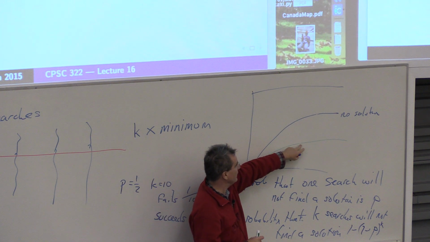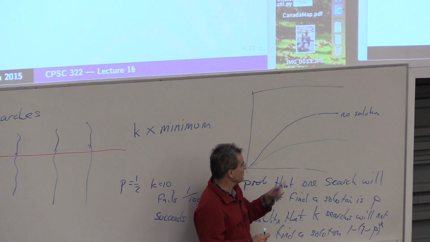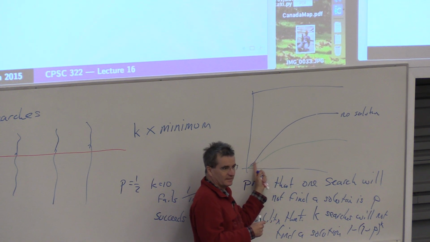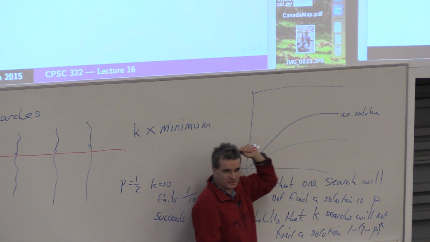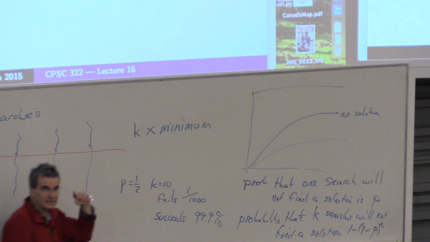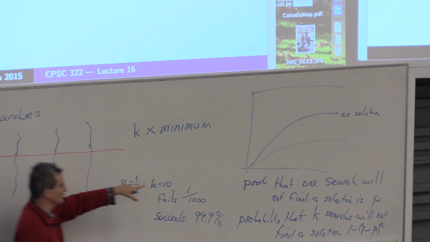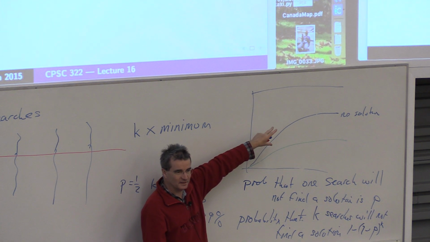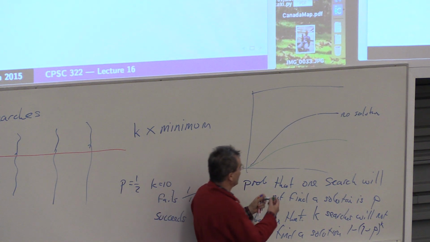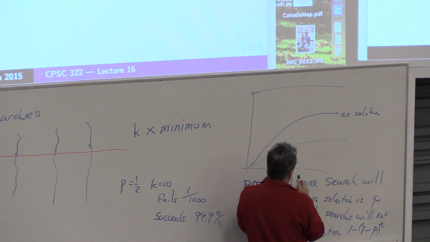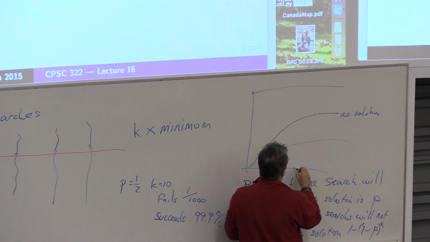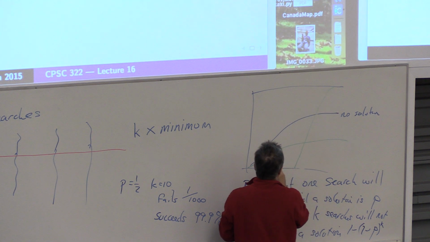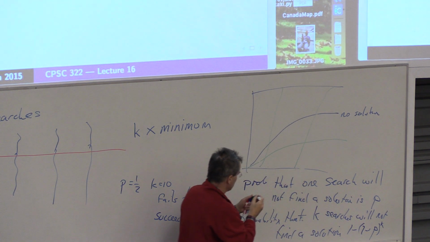When you have this blue one above this one, some of the times this goes fast, and some of the times this goes slow. Okay, does that make sense? And that's what this tells you. And if it always is faster, then one is always to the left of the other everywhere.